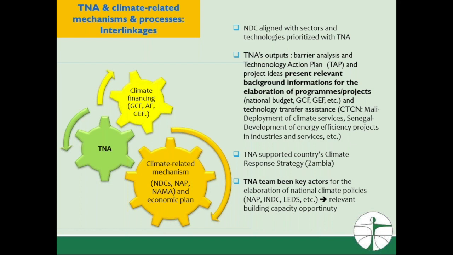The barrier analysis and the technology action plan provide relevant background information for the elaboration of projects and programs. We can speak about the national budget that has been done in Ivory Coast, and many other countries use the information provided by the technology action plan to elaborate and also to implement projects that are funded throughout the GCF or GEF or other funding schemes.